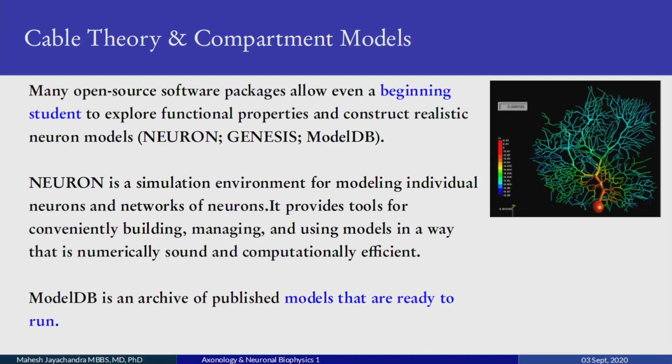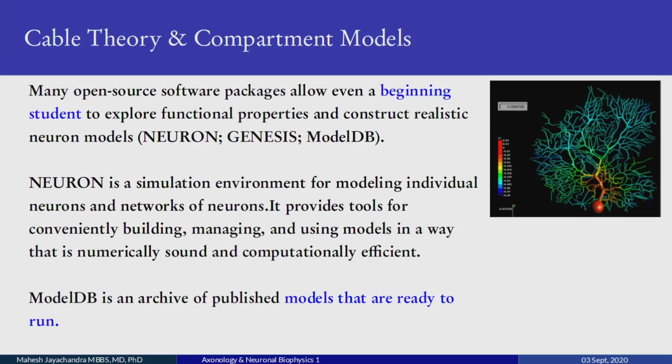So I suggest Neuron. I use Genesis, but I suggest Neuron because there's a lot of documentation available on the internet. And this is Neuron, it's from Yale. It's a simulation environment for modeling individual neurons and networks. And it provides tools for building, managing, and using models in a numerically sound and computationally efficient manner. ModelDB is an archive of published models, so you don't have to do things from scratch.